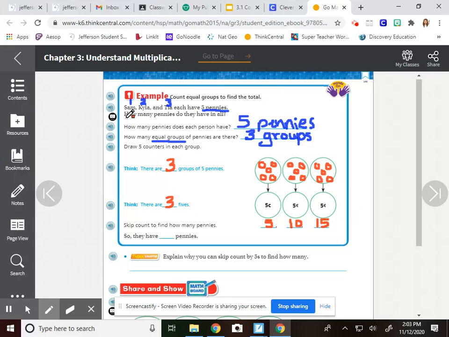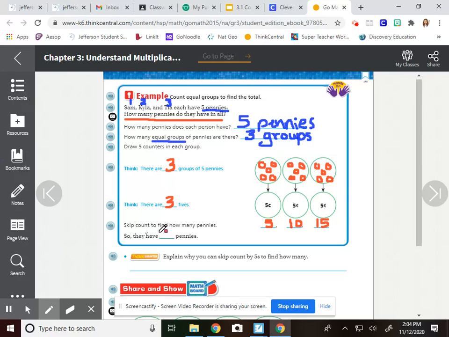The question in our problem was, how many pennies do they have in all? We drew 3 equal groups for the 3 friends, 5 circles in each group to represent the 5 pennies they each have. We skip counted by 5s, 5, 10, 15.